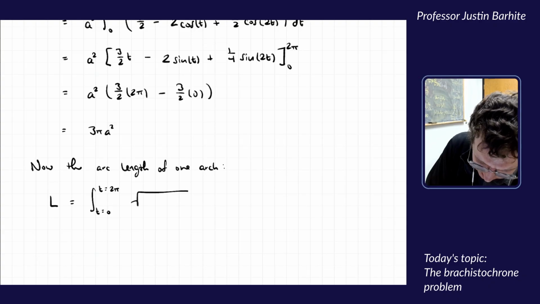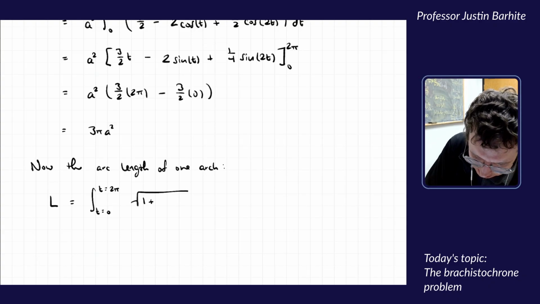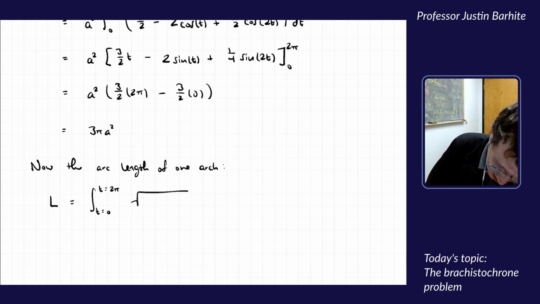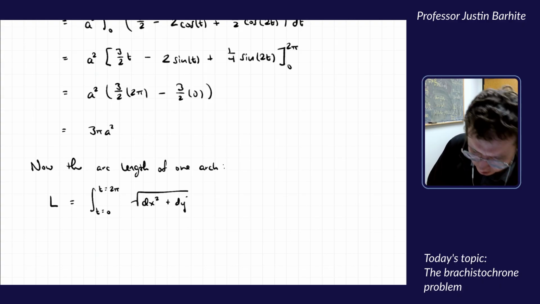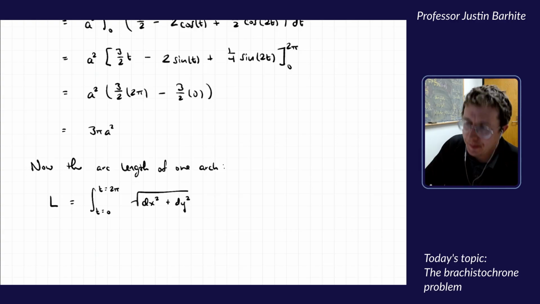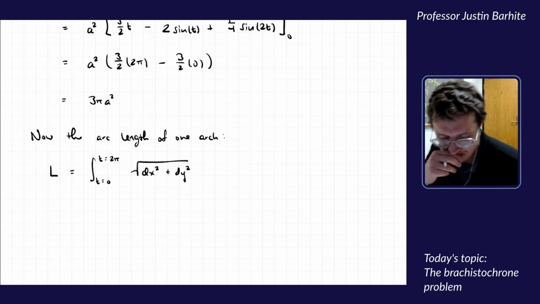And you could write this a few different ways. The one that's going to be convenient here is the square root of dx squared plus dy squared.